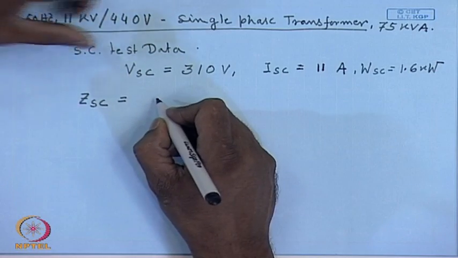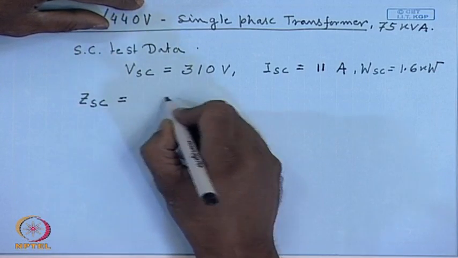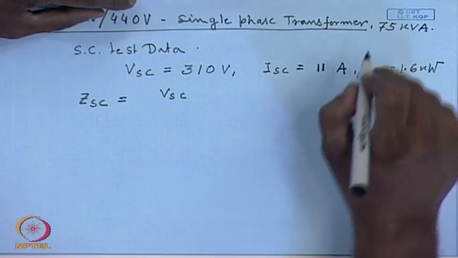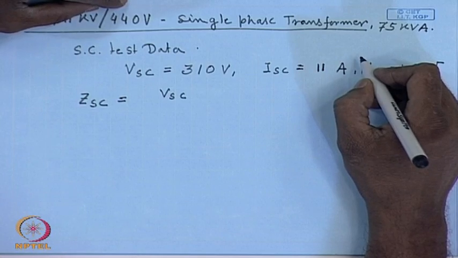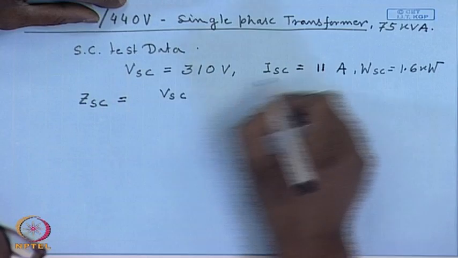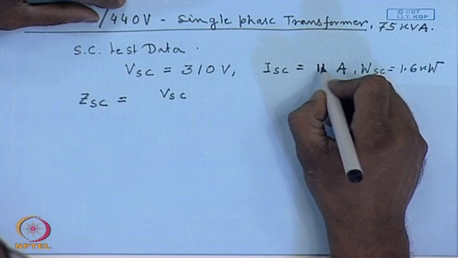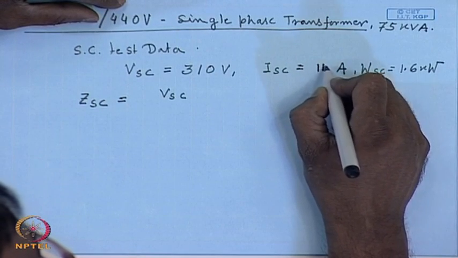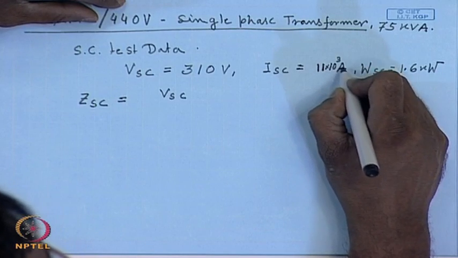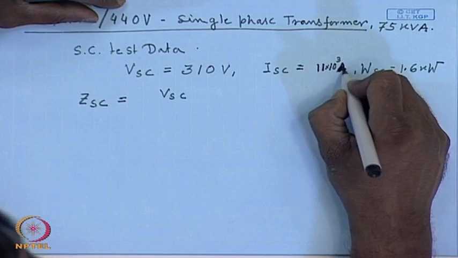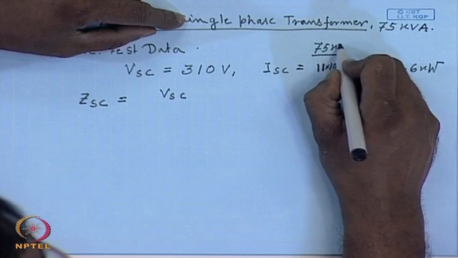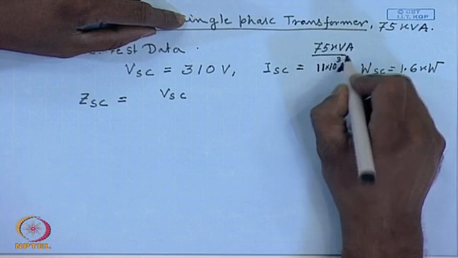ZSC equal to VSC by ISC, where the rated current is not 11 ampere, this is 11 kV, (75 kVA) by 11 kV.